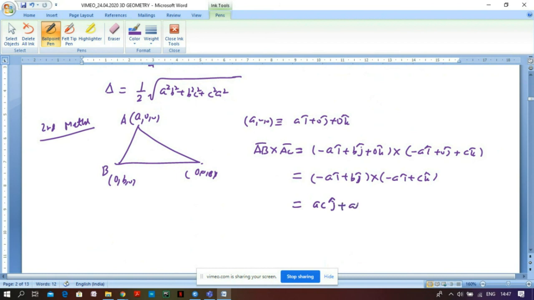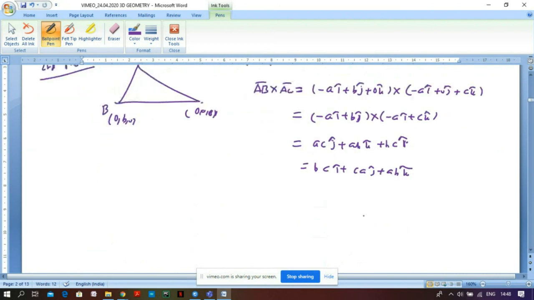So you will get abk, and lastly j cross k is i, so you will get bc i cap. So you are getting bc i cap plus ca j cap plus ab k cap.